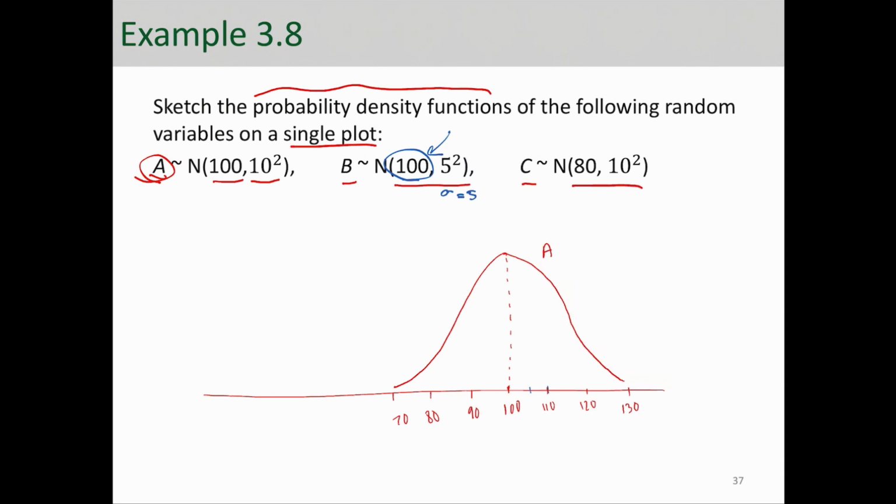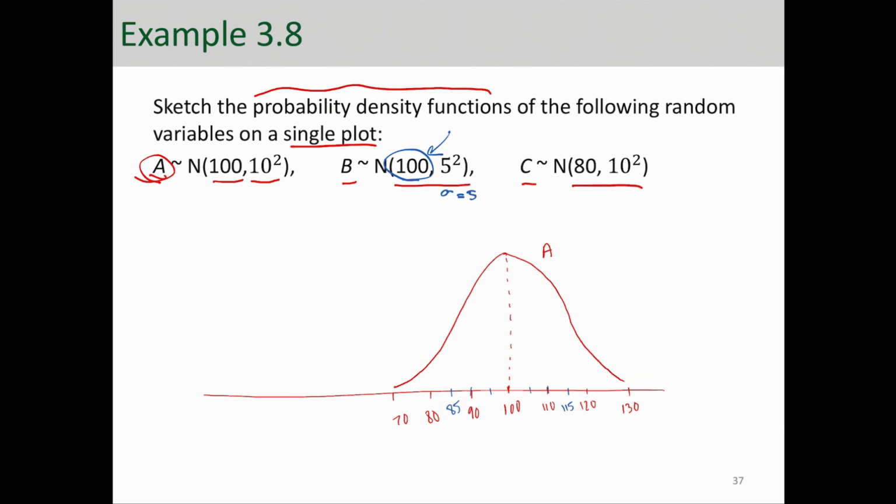So 1 sigma, 2 sigma, 3 sigma, 1 sigma, 2 sigma, 3 sigma. Here it would be 115. Here it would be 85. So random variable B would have a PDF function that stretches from 85 to 115.